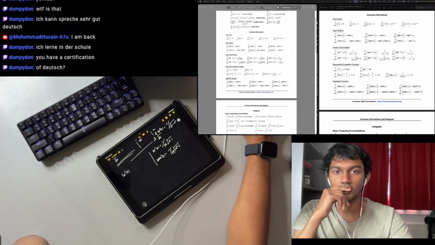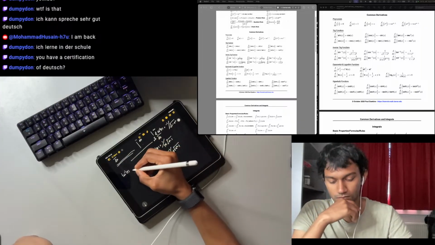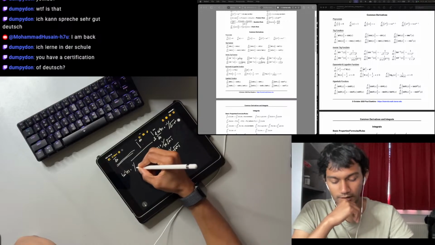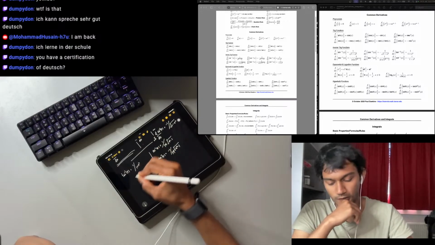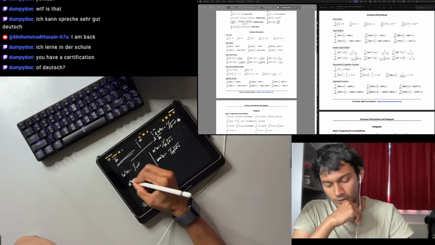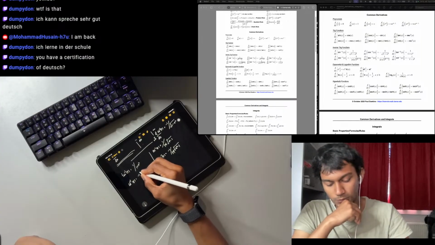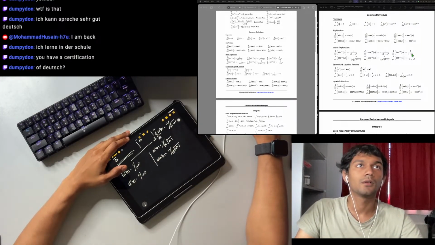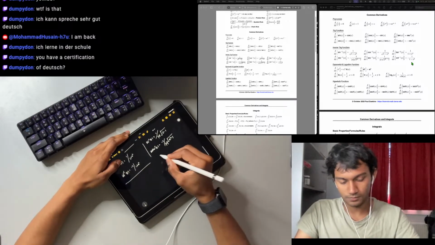It's just a certification I got from a school. Tan inverse is 1 by 1 plus x squared. Cot inverse equals minus 1 by 1 plus x squared. Yep, that's that one.